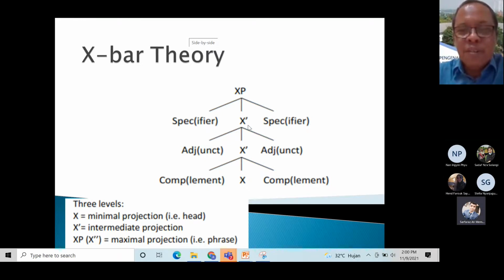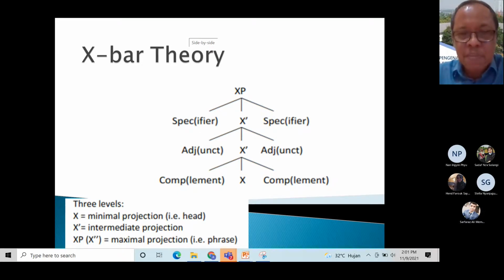The mother node means the node above the adjunct. The node above the adjunct should be X bar. It can be V bar, N bar, P bar, adverb bar or adjective bar, and so on. But it is not possible to have adjunct under the XP. It should be under the X bar, next to X bar.